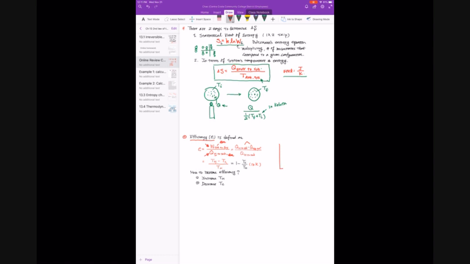So if you have a PV diagram here where this is a P, this is a V, and you have two processes. One process is here. This is process 1. This is process 2. This is the temperature of 2. This is temperature of 1. This is the hot temperature. This is going to be the cold temperature.